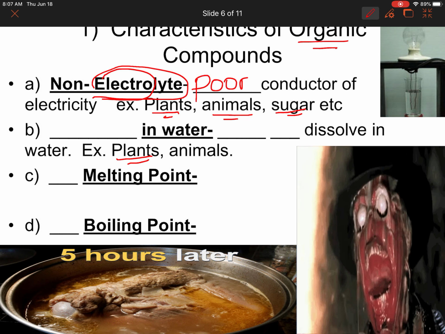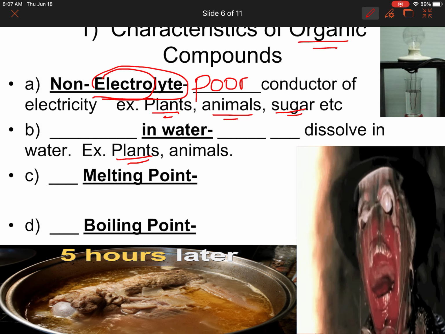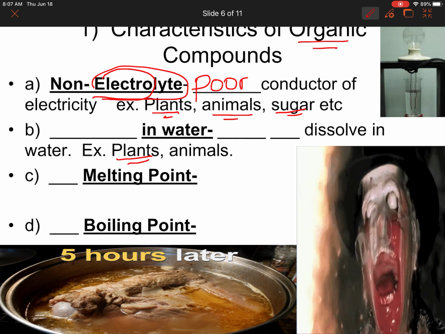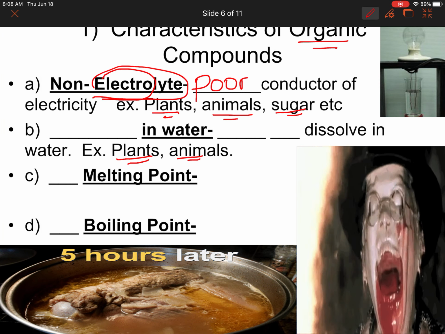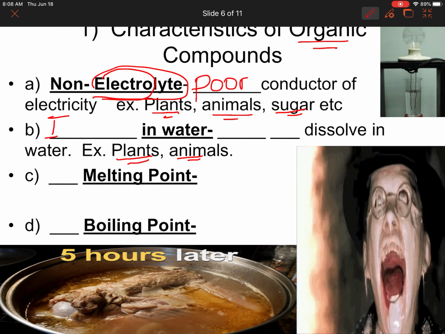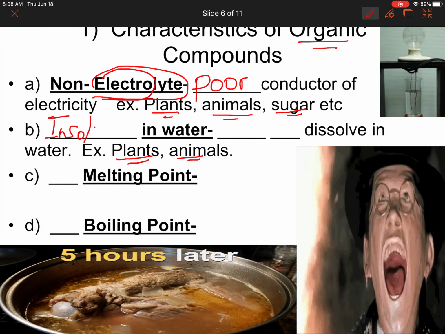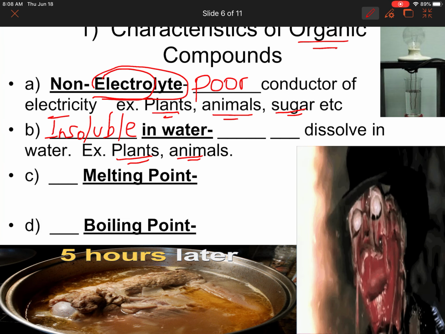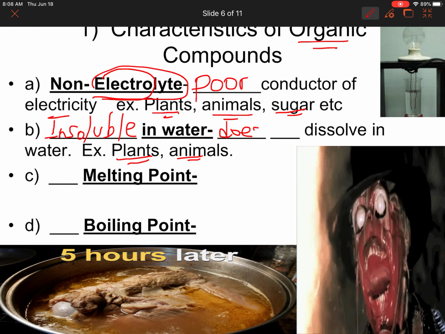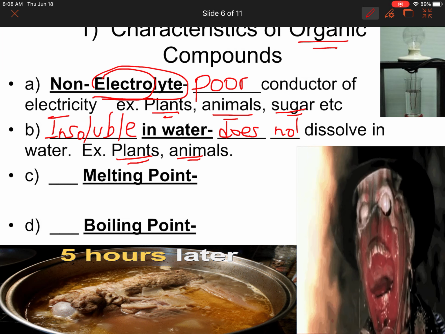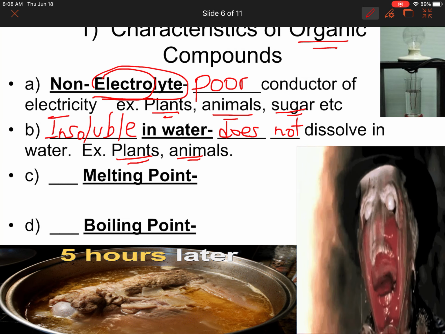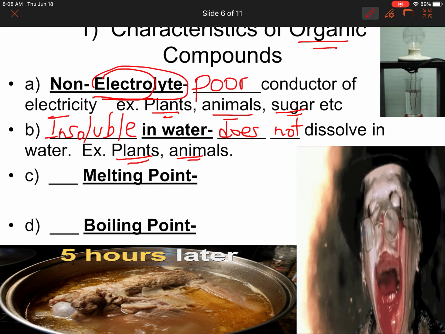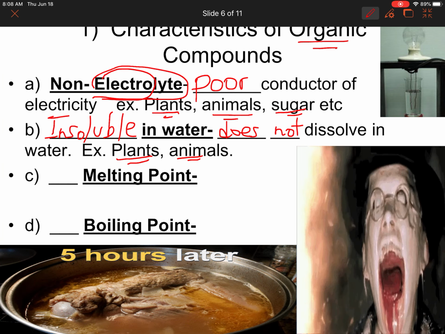That's the beginning of the process of being soluble or dissolving. But in general, plants and animals are insoluble. Hence, that means they do not readily dissolve in water.